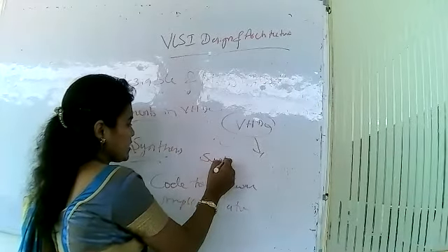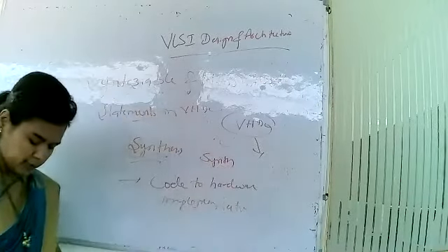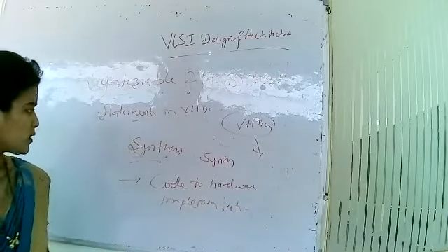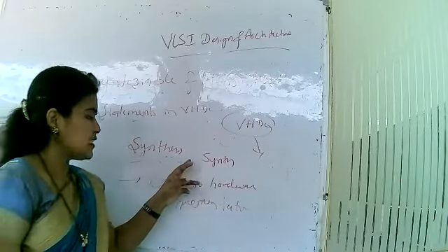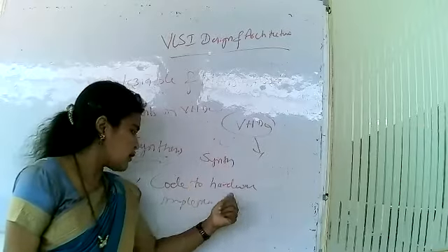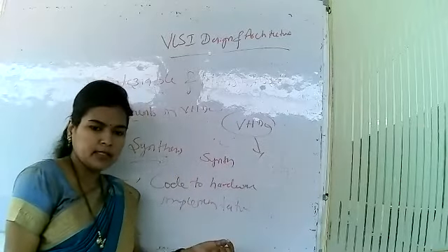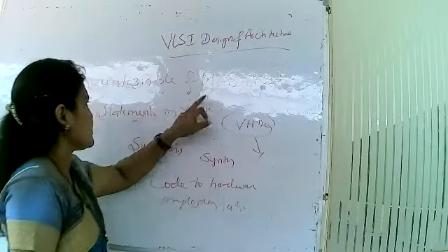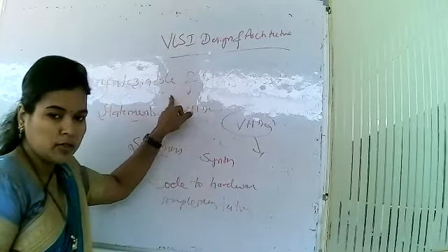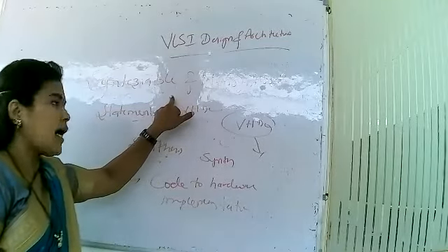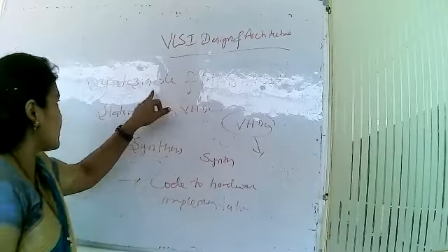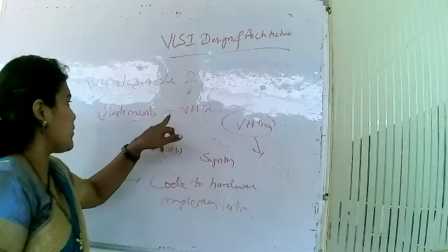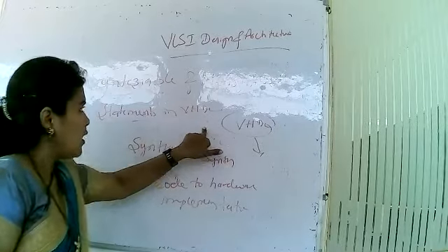Did you understand this? When the code is synthesized, the code is converted to hardware implementation. When VHDL code can be converted from code to hardware implementation, that is called a synthesizable statement in VHDL.